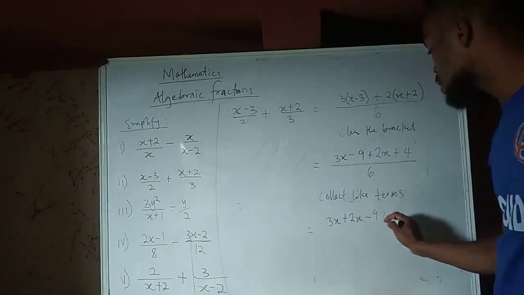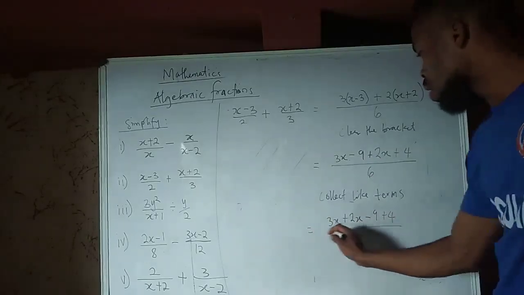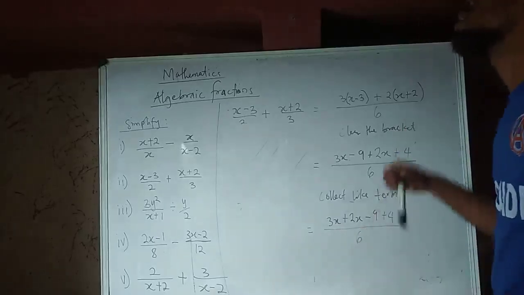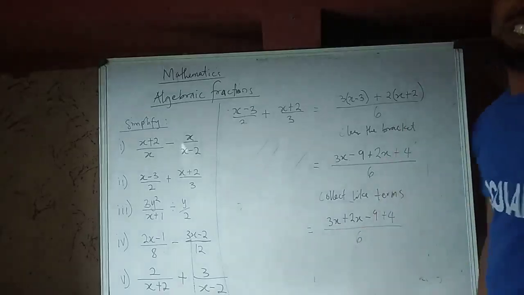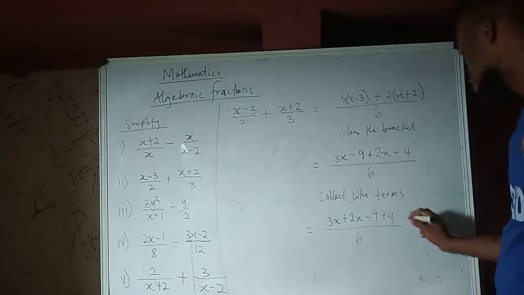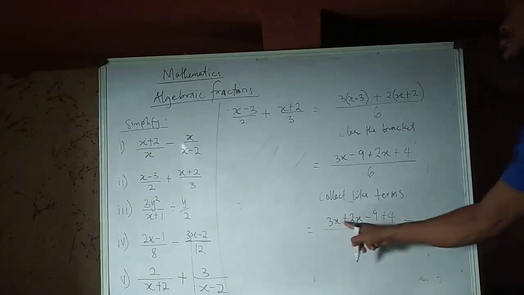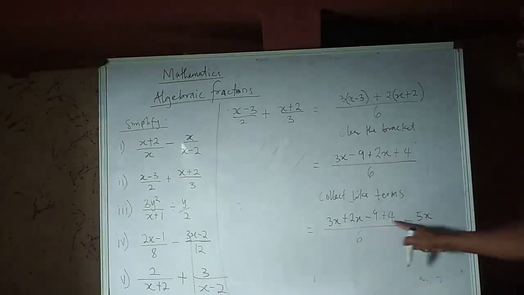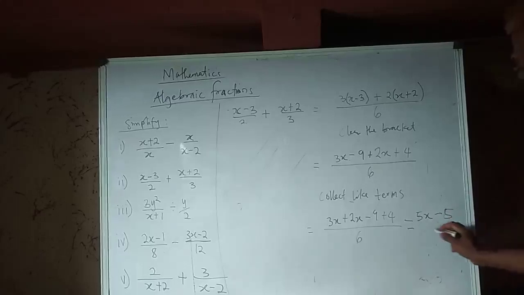Then I have minus 9 plus 4 all over 6. So this now becomes 3x plus 2x to become 5x. Minus 9 plus 4 becomes minus 5, all over 6.